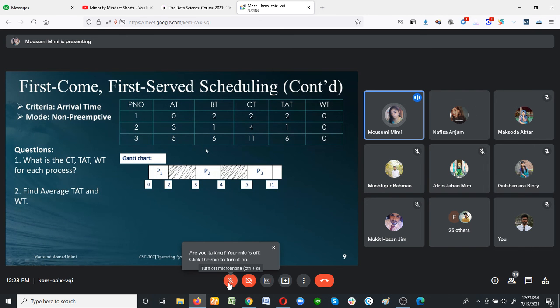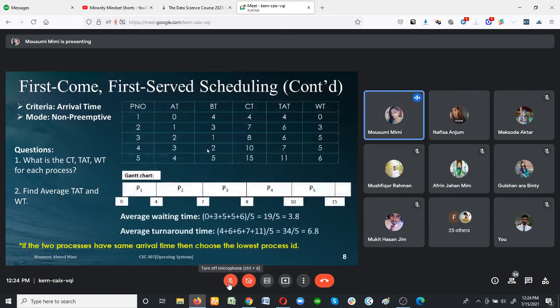But in the previous one, the processor is not waiting. The processor is already processing during this. Within 4 seconds, my other 4 processes are already in the ready queue. Do you clear my point? Yes, ma'am. Thank you, ma'am. Okay.